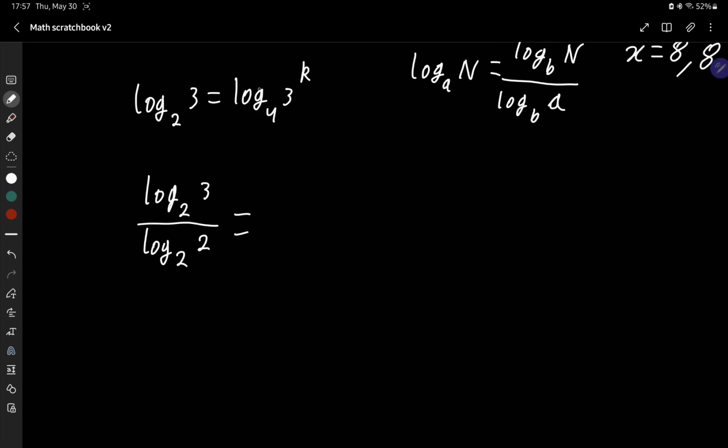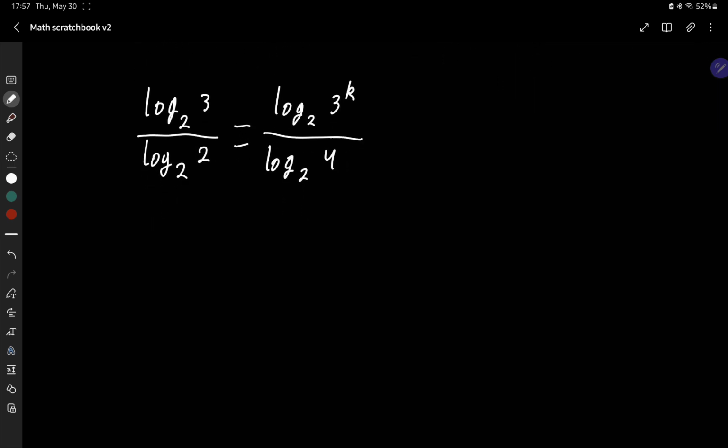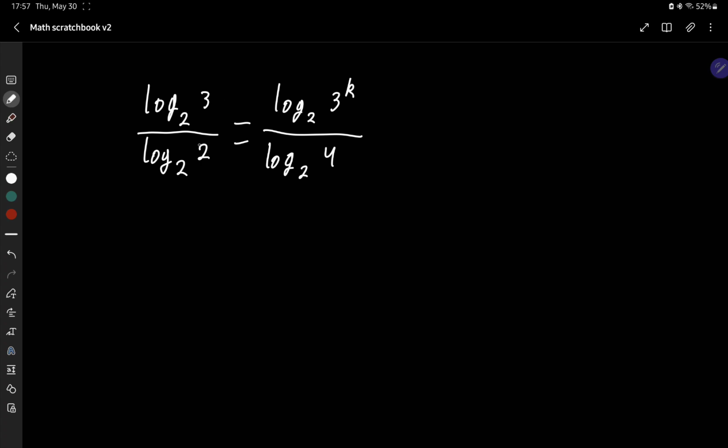And then on this side, we have log base 2 of 3 to the k, because remember we still have to keep the power here, over log base 2 of 4. And if we simplify, log 2 of 2 cancels out, so we just get log 2 of 3, and then log 2 of 4 is just 2 as a constant.